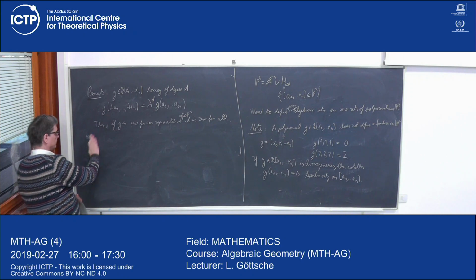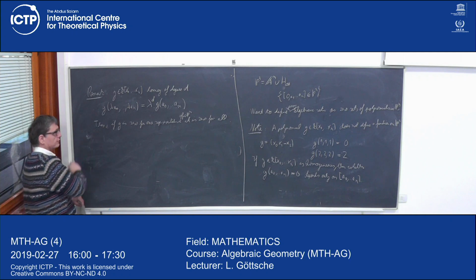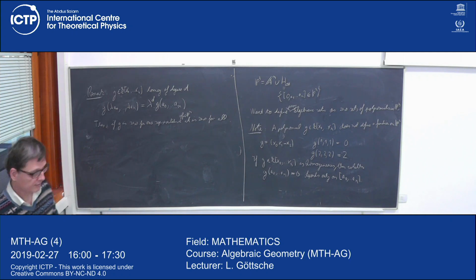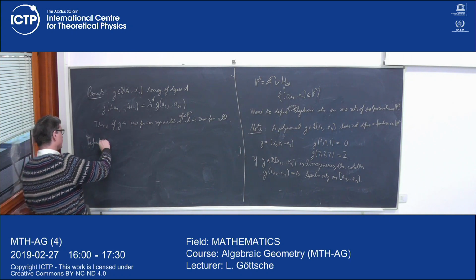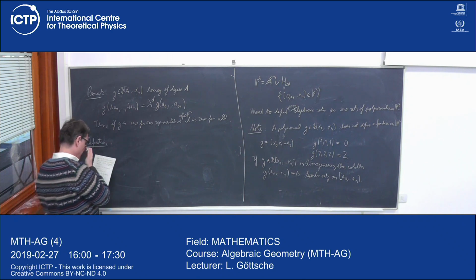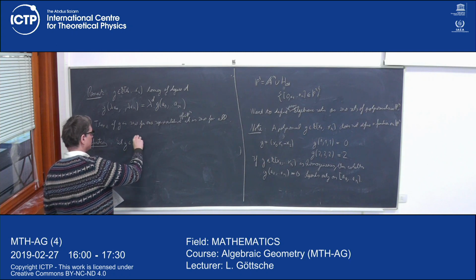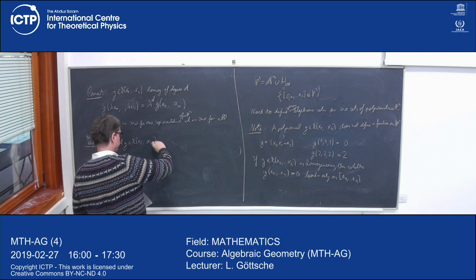So we consider, at least for the moment, but essentially always, only zero sets of homogeneous polynomials, and then a projective algebraic set will be the zero set of a set of homogeneous polynomials. Definition. Let G in K[x0, ..., xn] be homogeneous of degree d.